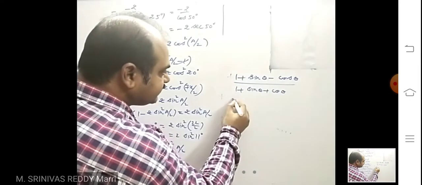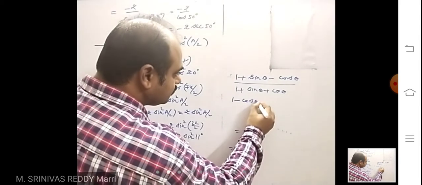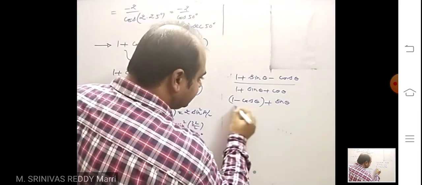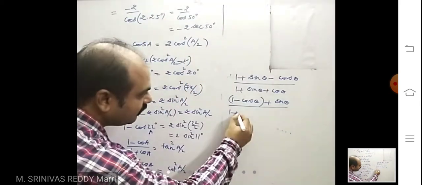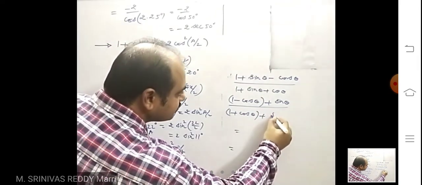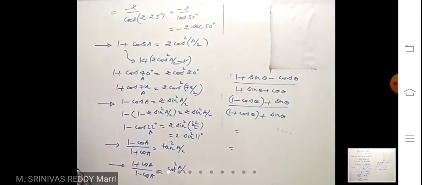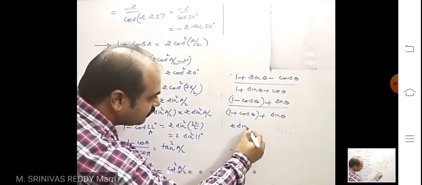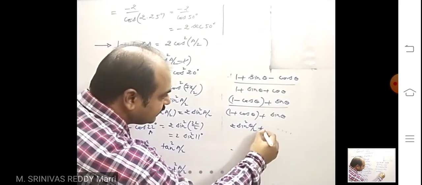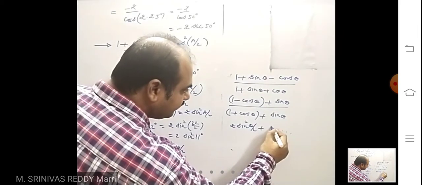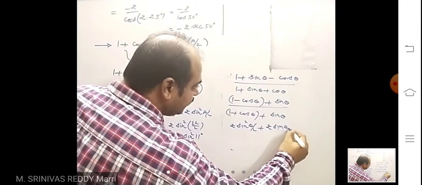Look, 1 is there, cos theta is there, you club both, plus sine theta, divided by 1 clubbed with cos theta plus sine theta. Now 1 minus cos A is 2 sine square theta by 2. So now you got half angle. So sine theta can be written as 2 sine theta by 2 cos theta by 2.